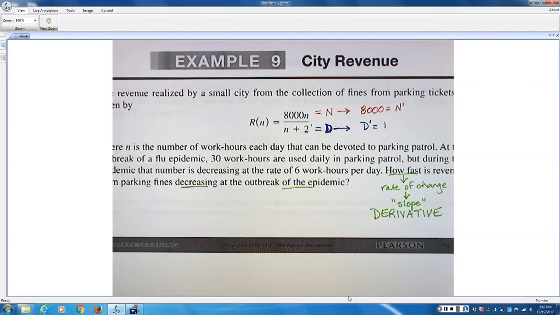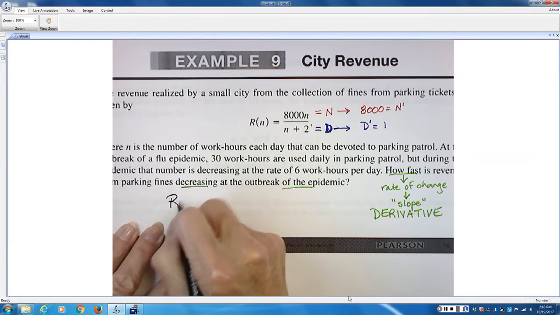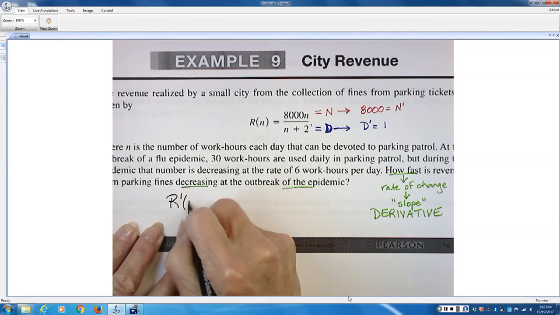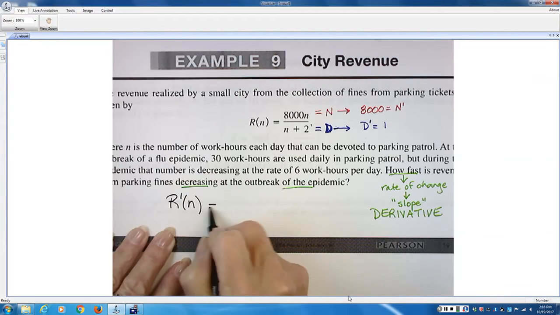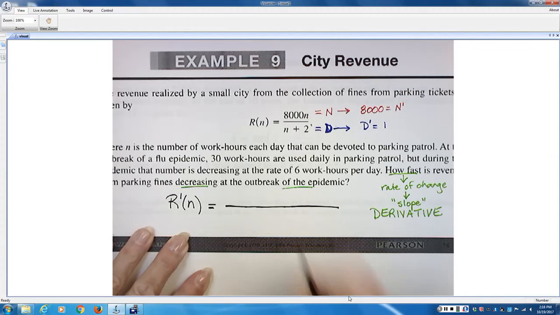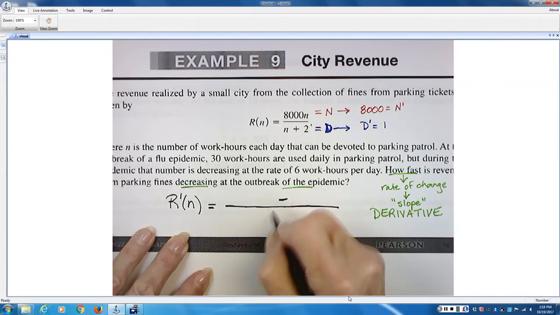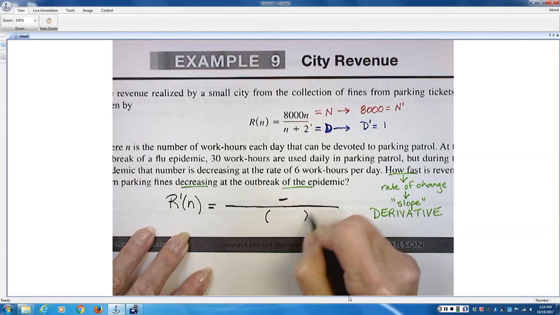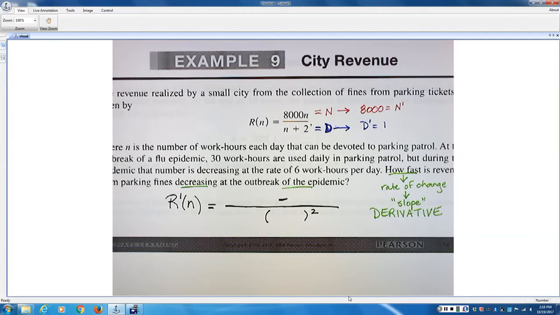So now we're going to take the derivative, which is going to be r prime, or dr over dn. And we know, because it's quotient rule, that we're going to wind up with a quotient. We know we're going to be subtracting in the numerator, and we know we're going to be making a square in the denominator. So that's all the quotient rule. We just need to fill in the pieces.